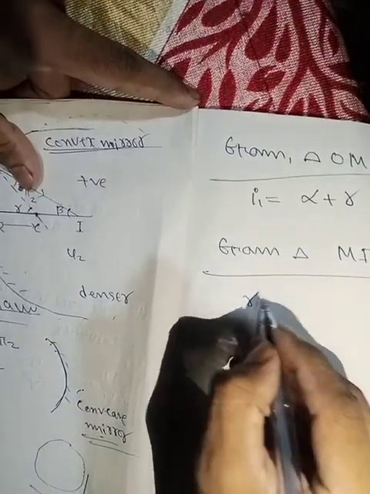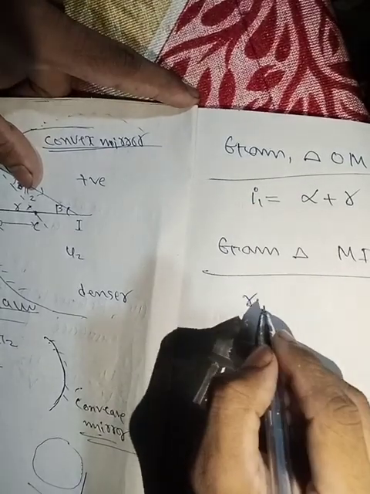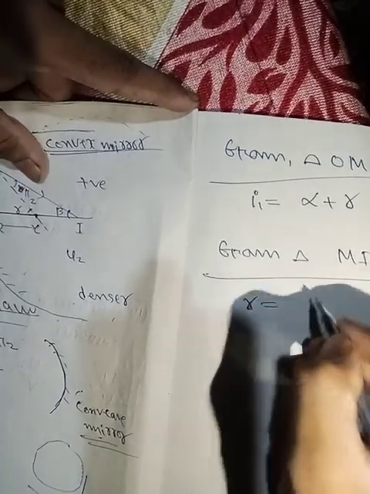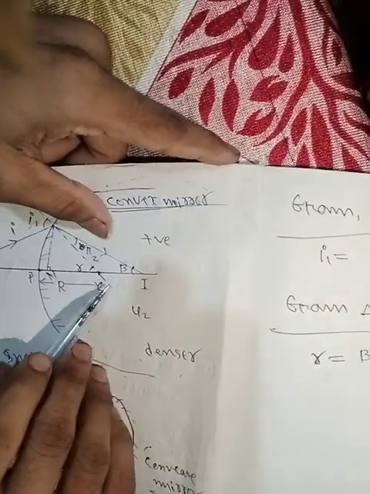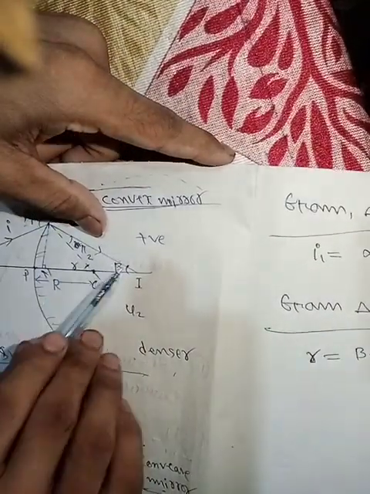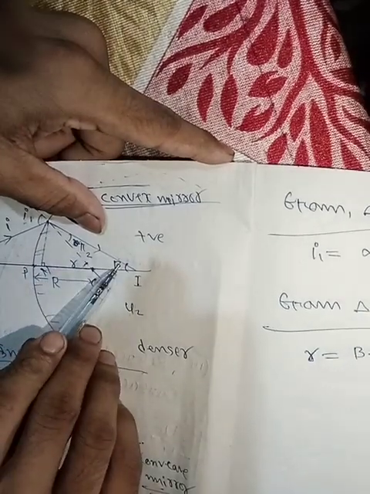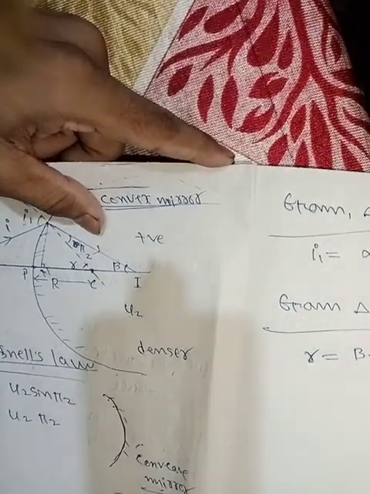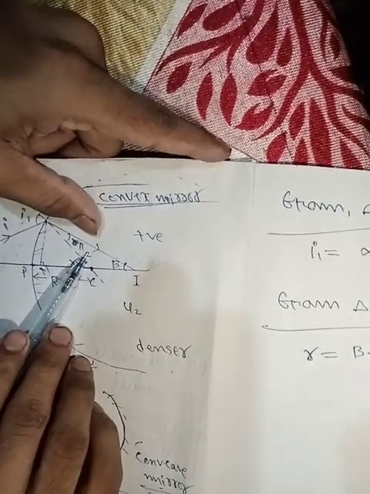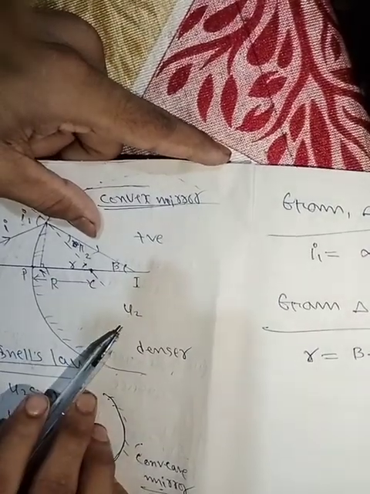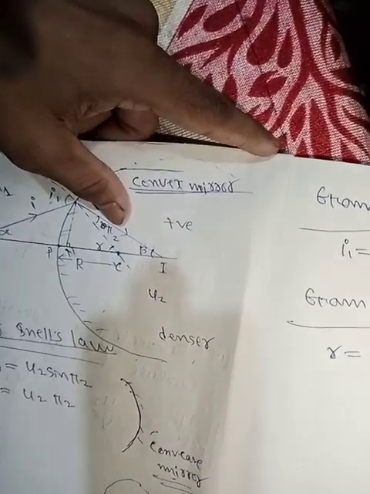This is called gamma. Gamma is equal to beta plus R2. These are the two internal angles, and when you add them you get the external angle of the third.